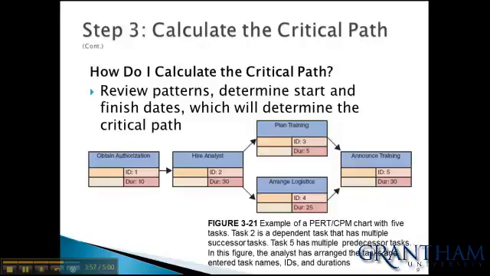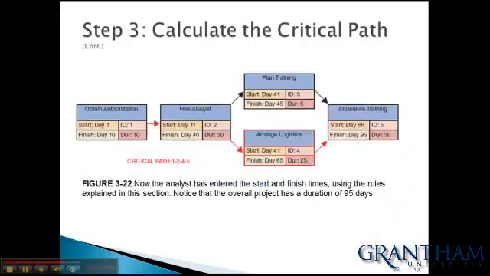Task 5 has multiple predecessor tasks. In this figure, the analyst has arranged the tasks and entered the names, IDs, and durations. Now the analyst has entered the start and finish times using rules explained in this section. Notice that the overall project has a duration of 95 days.